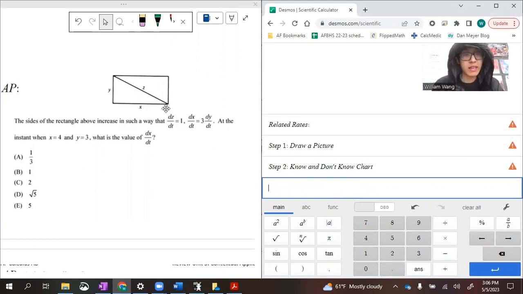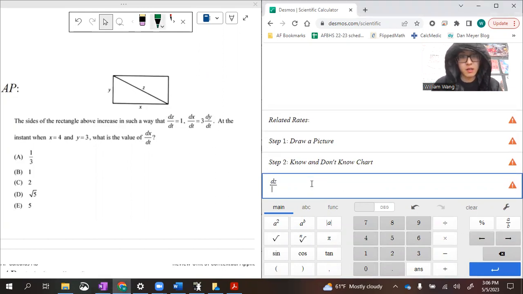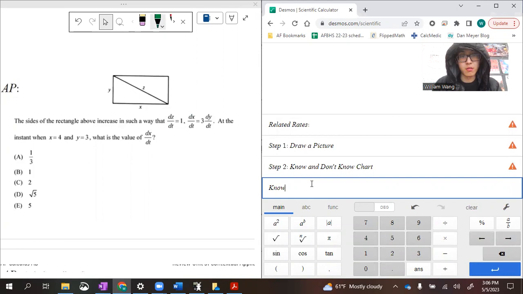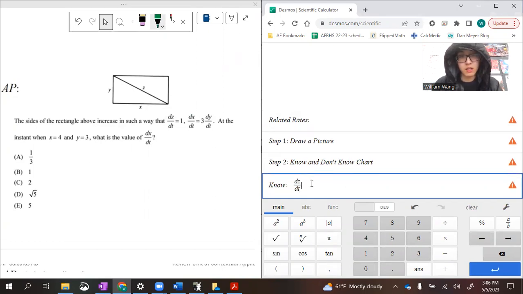What do I know? They gave me a few things that I know already, which is great. I know dz over dt is equal to 1. I know, weirdly, dx over dt is equal to 3 dy over dt.